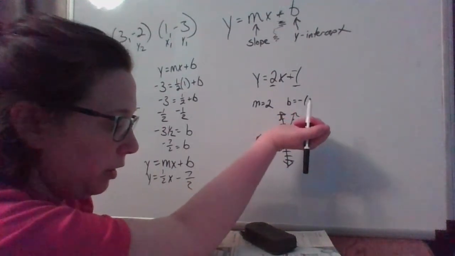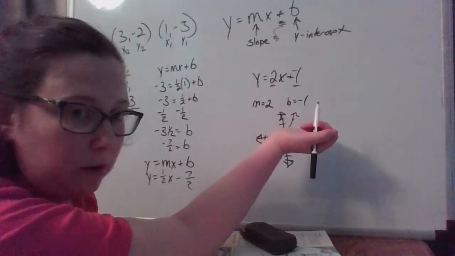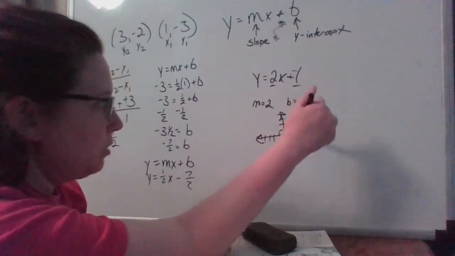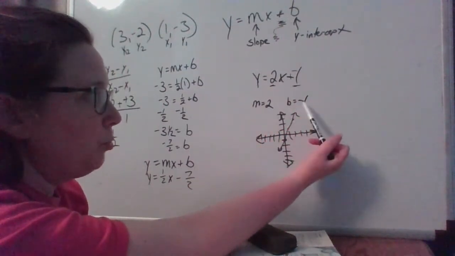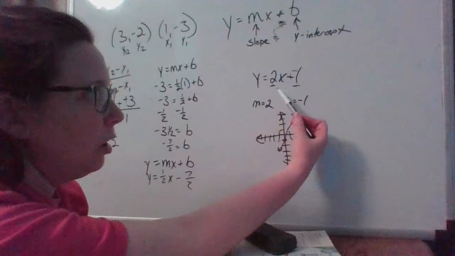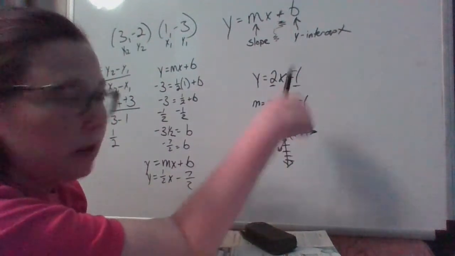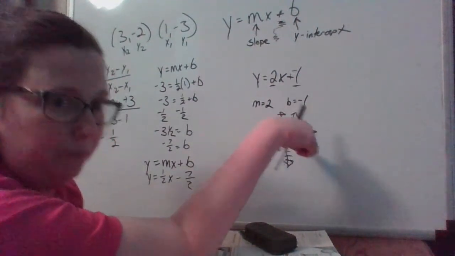Try Got It 5A and 5B. Sketch a graph like this. First pull out your slope and your y-intercept from your function, and then sketch a little graph.